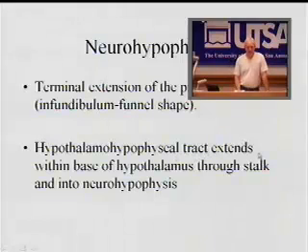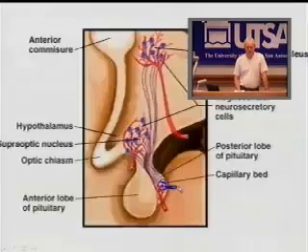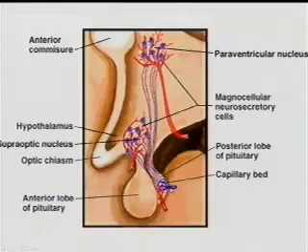So it extends right through the base of the hypothalamus, through the stalk, and into the neurohypophysis, as we had said. So we can use this colorful illustration to see that for two nuclei, the paraventricular nucleus. First, we see the optic chiasm, so now anterior is to our left. The mammillary bodies would be back here to the right for posterior.